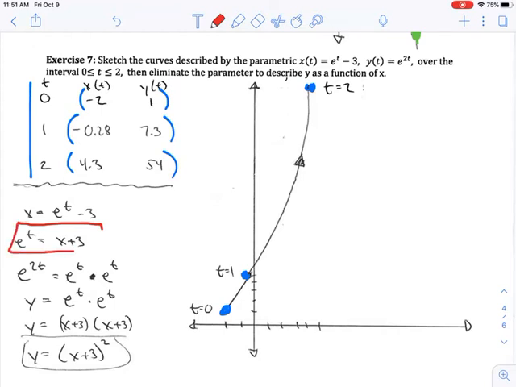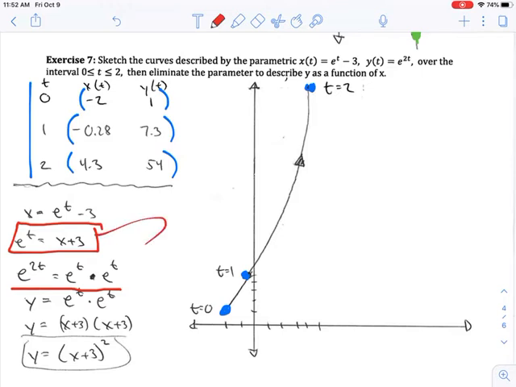So I have e to the t equals x plus 3. And in the other equation, I broke up e to the 2t into e to the t times e to the t. And I think we can all agree that when you are multiplying e to the t times e to the t, you get e to the 2t. When you're multiplying the bases, you add the exponents. T plus t is 2t.